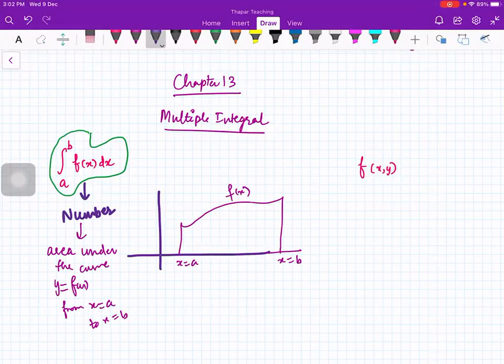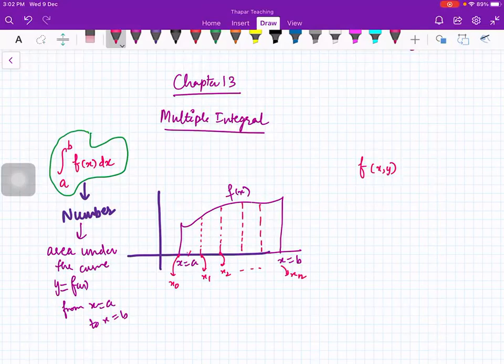What we actually do is divide the domain into small parts. Say this point is x0, this point is x1, this point is x2, and so on. Suppose this point is xn. So you have divided your domain into n parts.